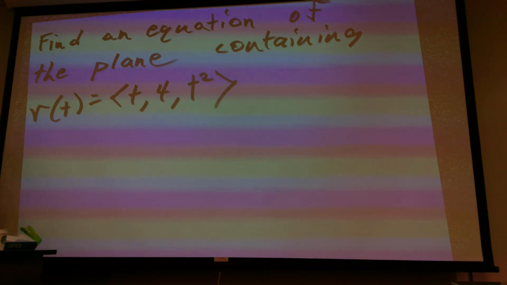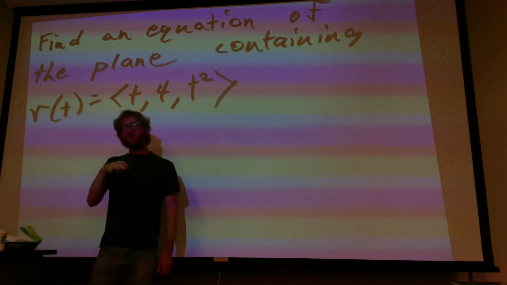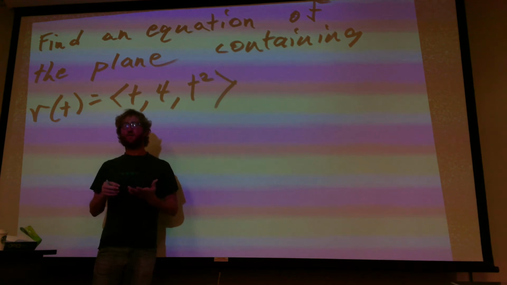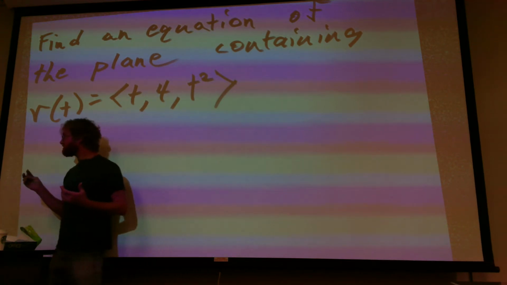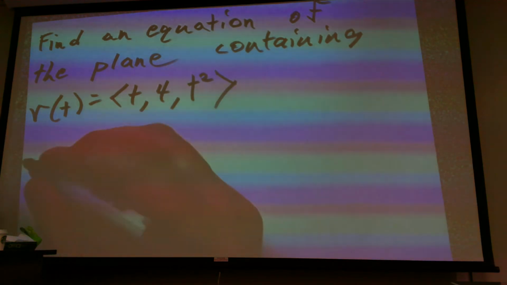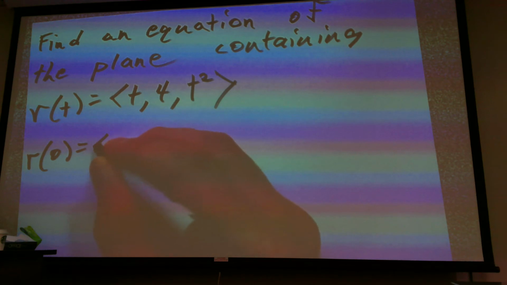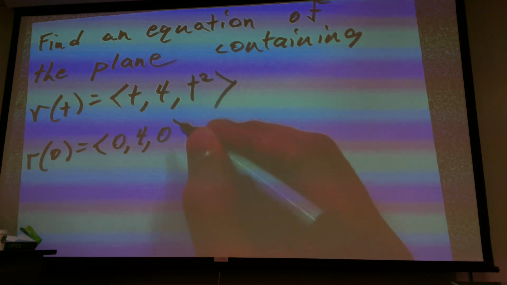Let's go through the same process and sample points just to begin to try to understand what a curve like this would actually look like. So let's say r of 0 is 0, 4, 0.